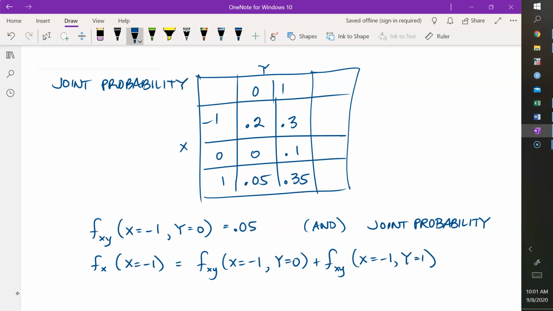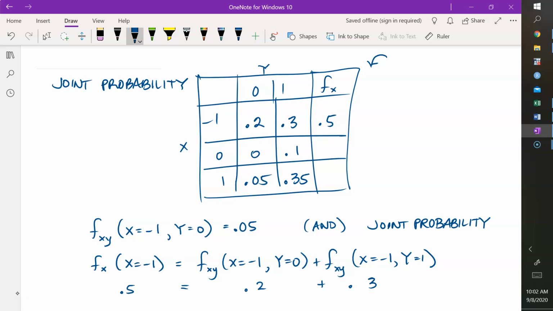If you remember from stats, you might not have used this notation, but you already know that this becomes the marginal probability of x: 0.2 plus 0.3. So this is 0.5.